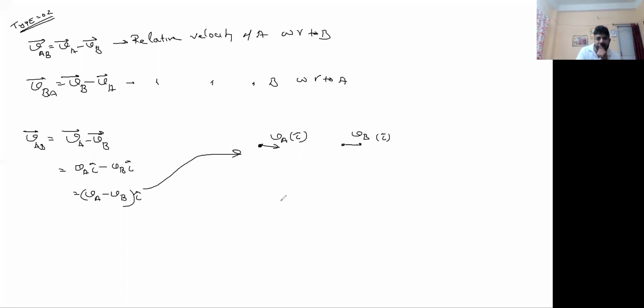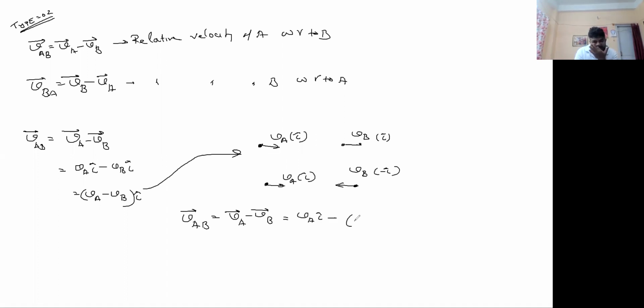Now, the same question: suppose VA is moving in this direction and VB is moving in the opposite direction. So what can we write then? VAB is also VA minus VB, but now it is VA i minus VB (minus i).